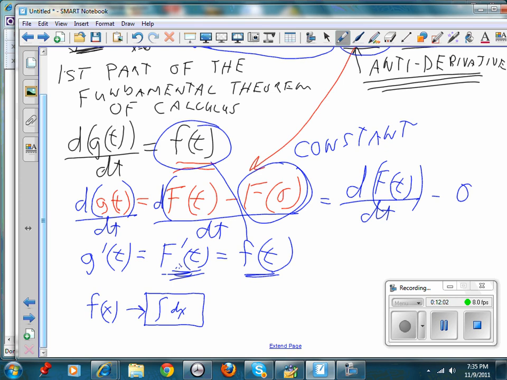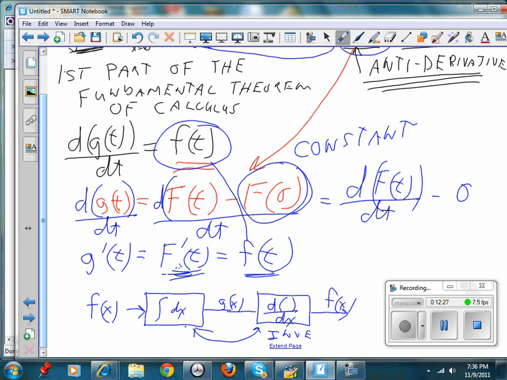And when I do that, I get a g of x. When I put the g of x through a derivative operator, if I take a derivative of it, what do I get back? I get back to where I started from. Okay? So we might say these are inverses of each other.